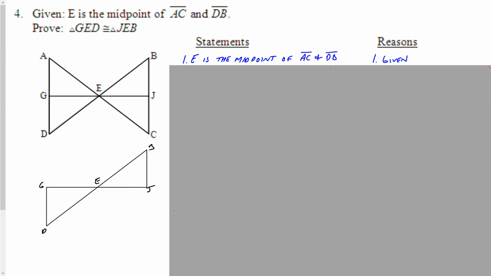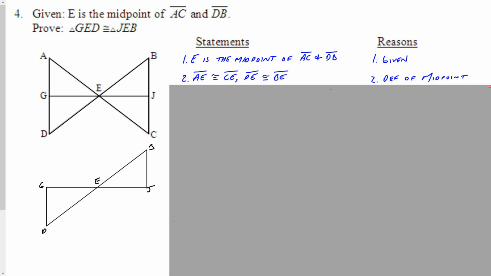That's our given information. Now when I go and show that in my picture, I'm not only going to show it in the original picture. Actually, rewind a second. We can't make any markings based on that statement. We first have to say that we have congruent segments by the definition of midpoint. Got a little ahead of myself there.